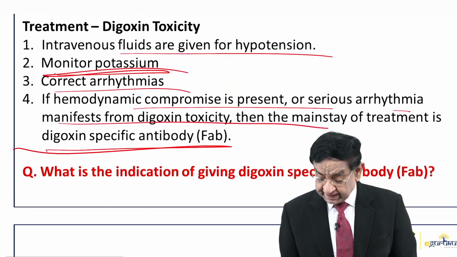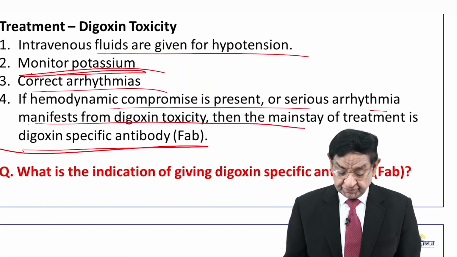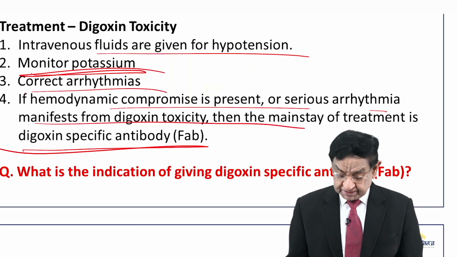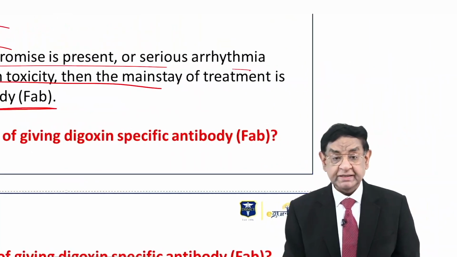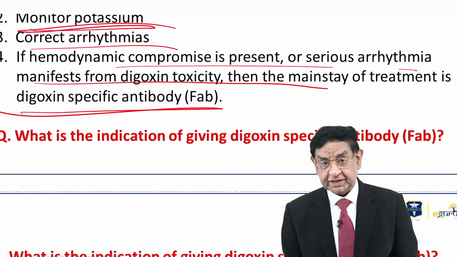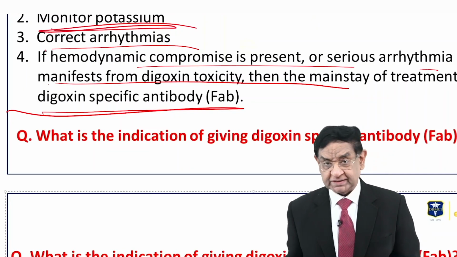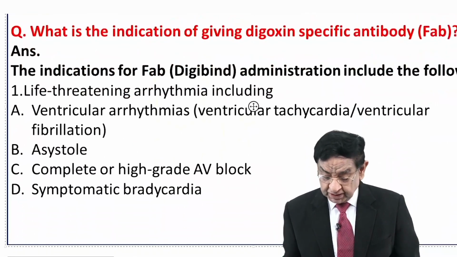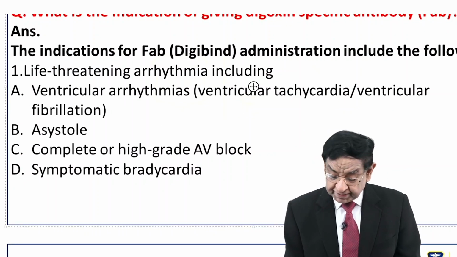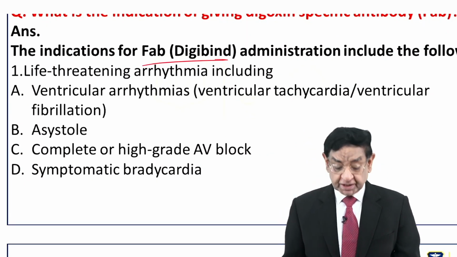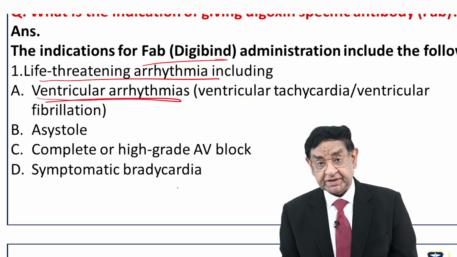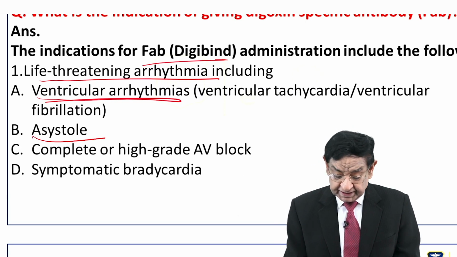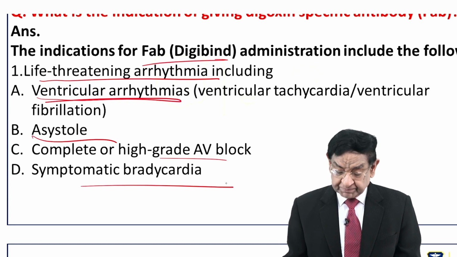FAB, can be given. Now again, one more question for you. Stop the video, write down the answer. What is the indication of giving digoxin specific antibody, that is FAB? Stop the video, write down the answer in your copy. Well, we give that FAB, Digiband, in life-threatening arrhythmias, that may include ventricular arrhythmias, ventricular fibrillation, tachycardia, asystole, complete or high-grade AV block, and symptomatic bradycardia.